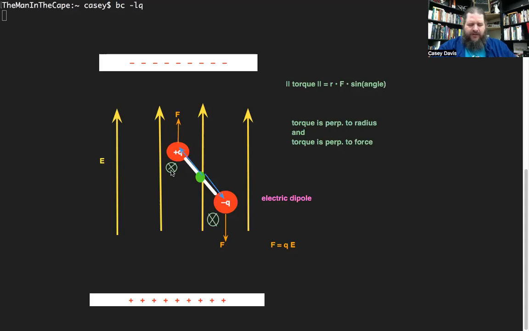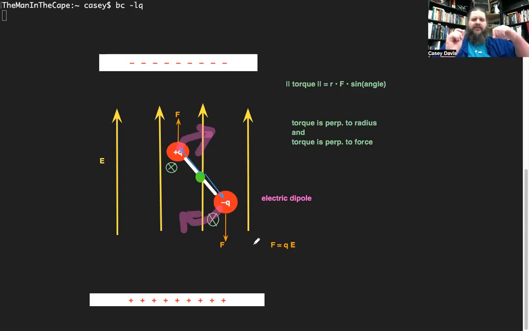Because the whole point of the direction of torque is it tells you which direction this is going to rotationally accelerate. So point your thumb in that direction, and the curl of your fingers tells you the direction this is going to rotationally accelerate. So that'll be something like in this direction.